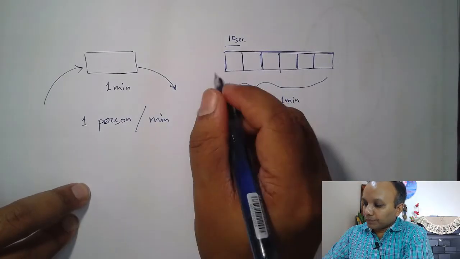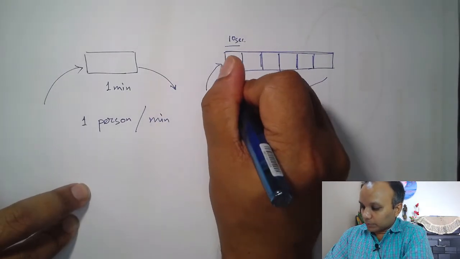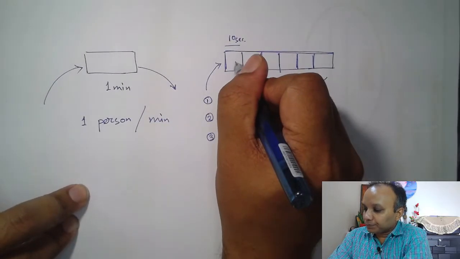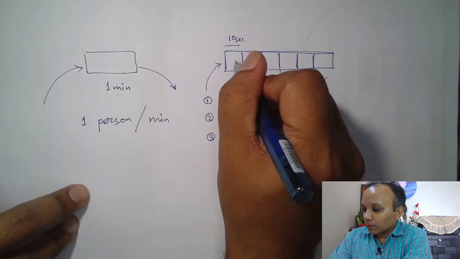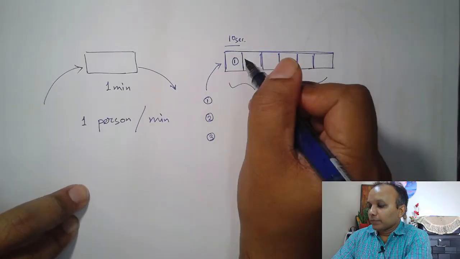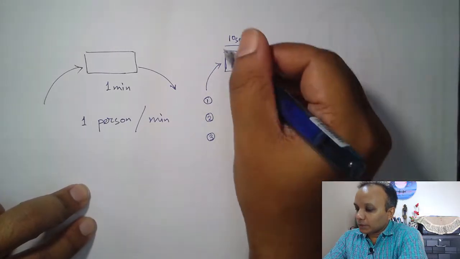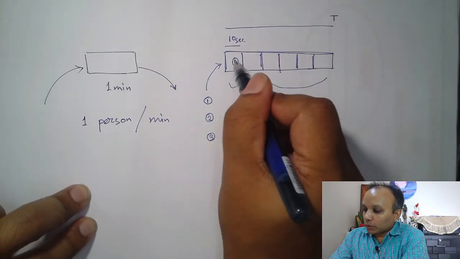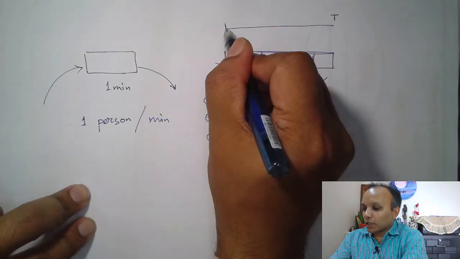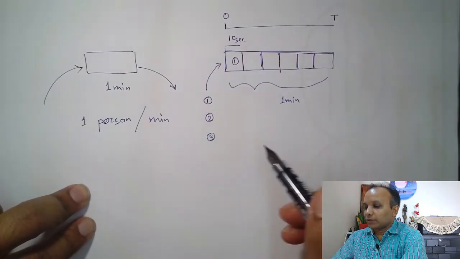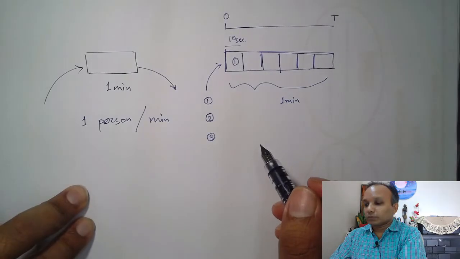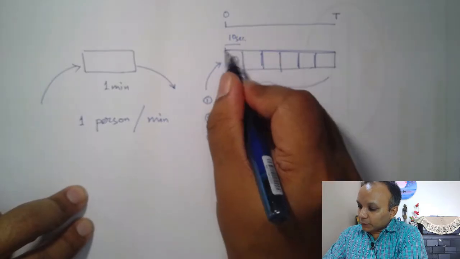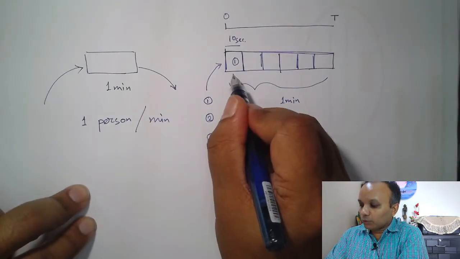Now, what we are saying? We are pushing, or the people are moving into this queue. The first person moves here. Let us say this is our time scale, and time is increasing in this direction, starting from 0. In the first 10 seconds, this first person is in this window.